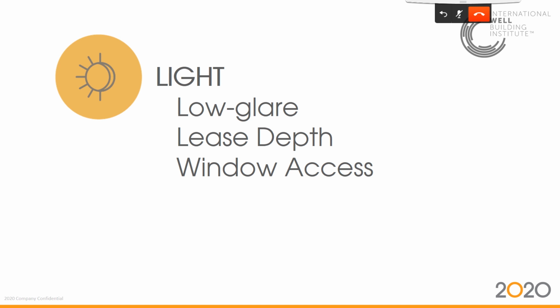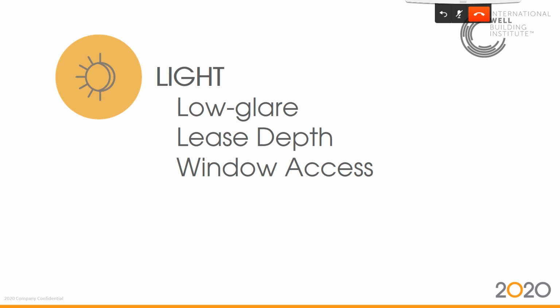The first thing I'm going to look at is, after studying the Well Standard and what that means, and I'm going to tell you right now, I did not write any of these next couple of slides. This is right from wellcertified.com. The first thing I want to look at is how we plan a space to consider how light works in that space.